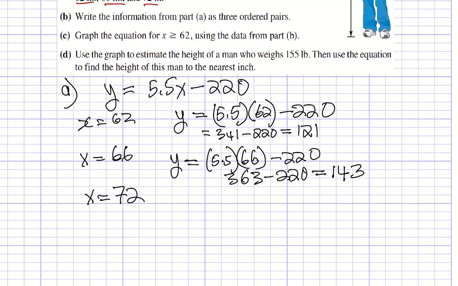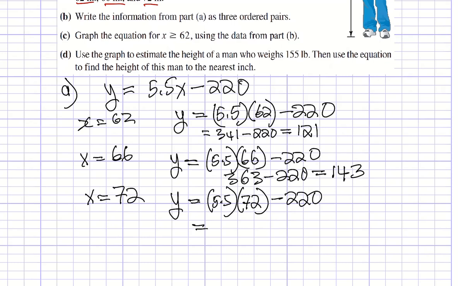That's what that is asking you to do. 143. Okay, and over here y is equal to 5.5 times 72 minus 220. What is that? You keep moving on slowly and methodically.